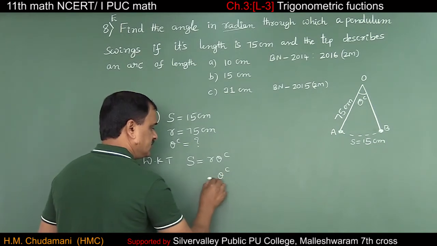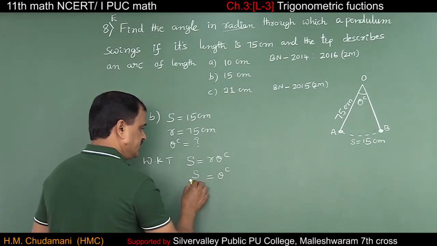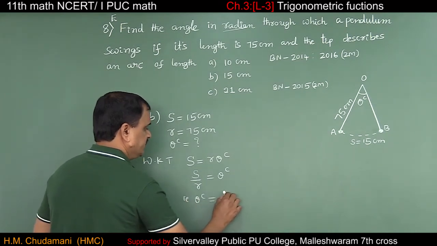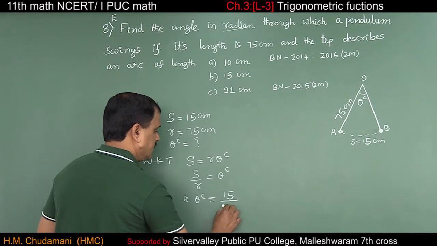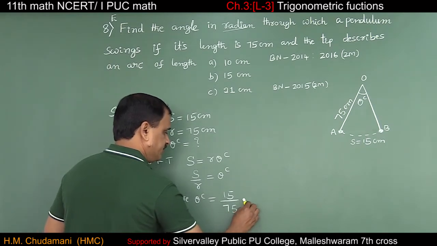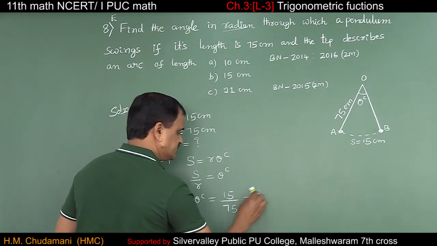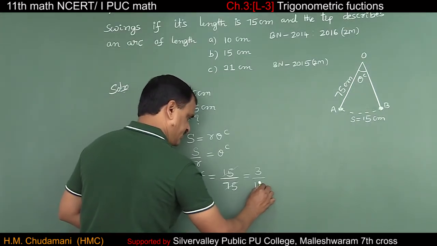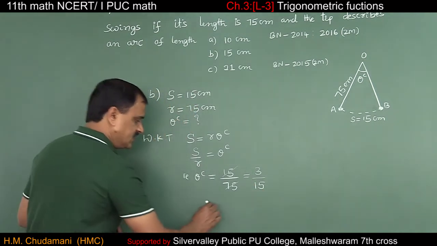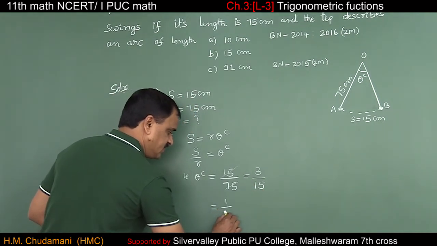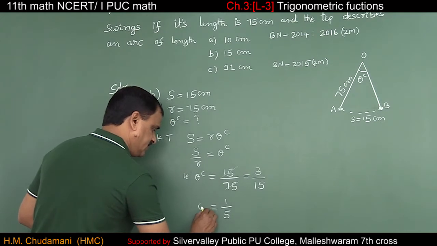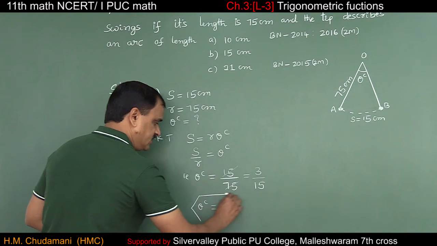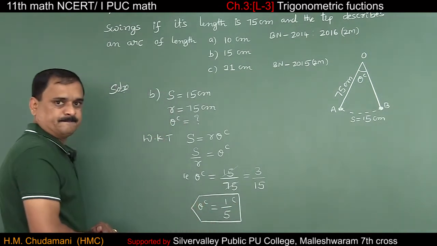So that theta radian is equal to S divided by R. That is, S is 15, R is 75. 3 times 15, 1 times 5 times 25. Again 1 times 5 times 15. So theta radian is equal to 1 by 5 radian. Theta is 1 by 5 radian.